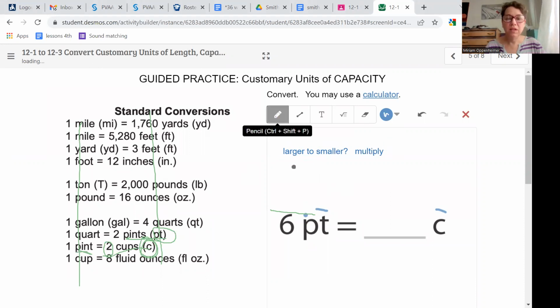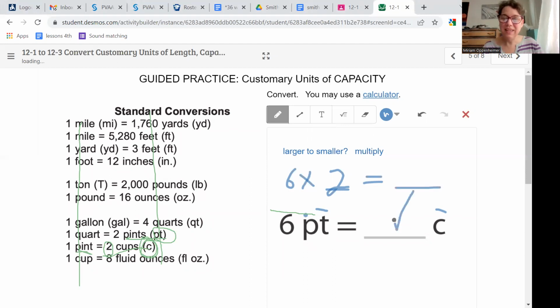So I'm just going to go 6 times what? Larger to smaller. So I see it's 2 cups. So 6 times 2. If you need to use the calculator, it's not super good. You should be able to do that in your head, but then that's going to be the answer. Got it? Good.